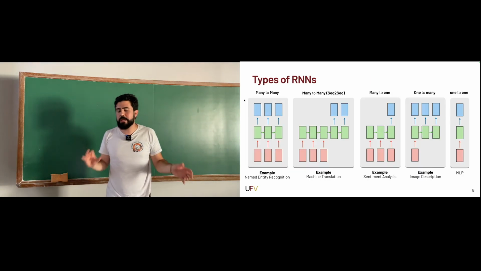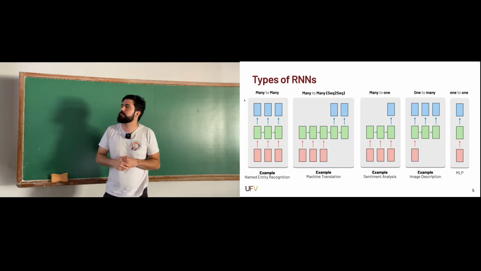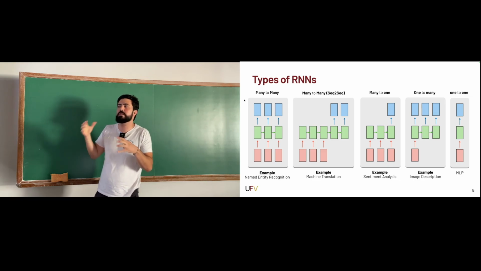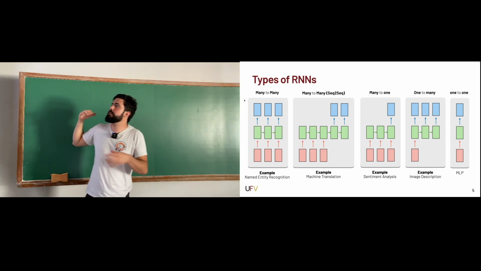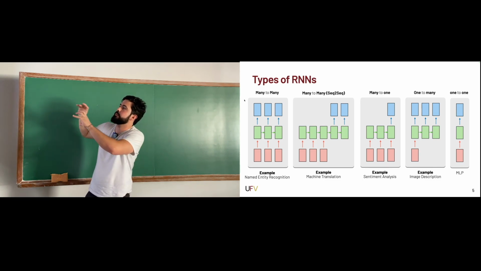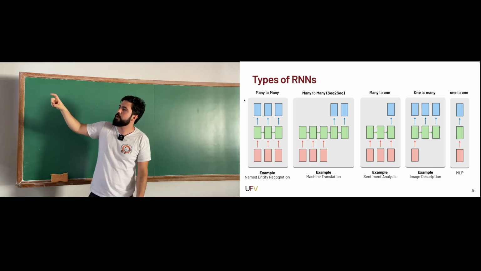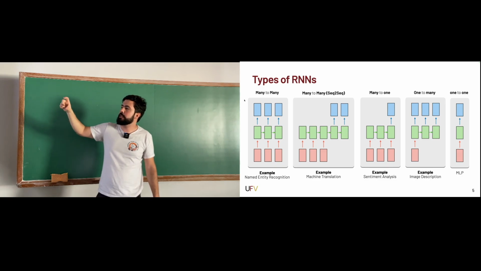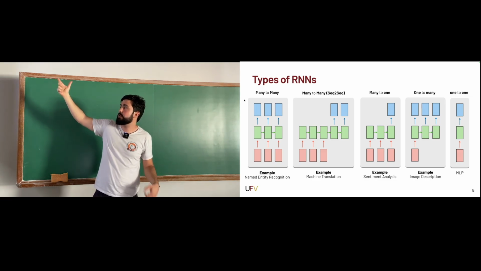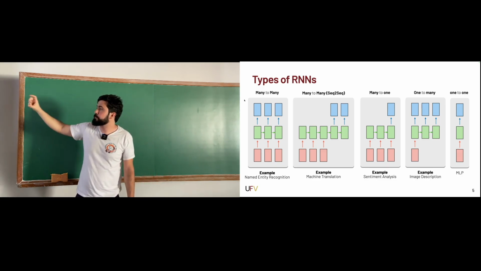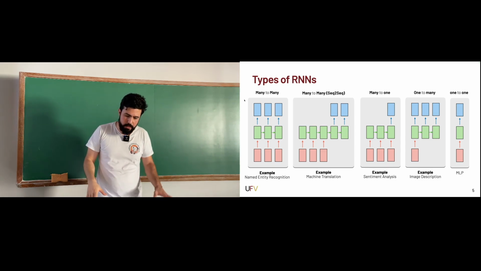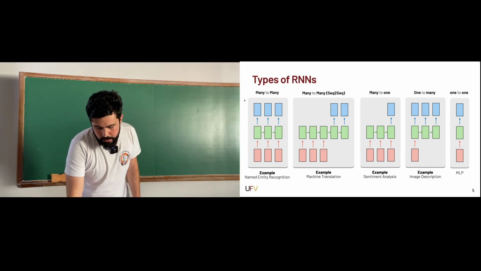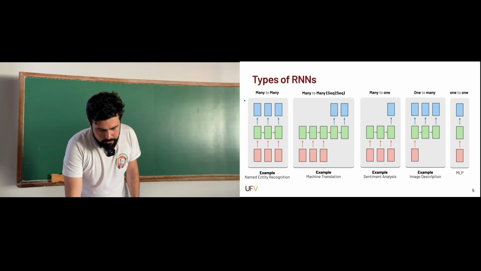We saw that we can build many different variations of RNNs using that same formulation. You can do many to many, in this sequence-to-sequence structure where our input has a different length than our output, we can also have many to one, one to many, and one to one, okay? So this is a recap of what we were doing last lecture.